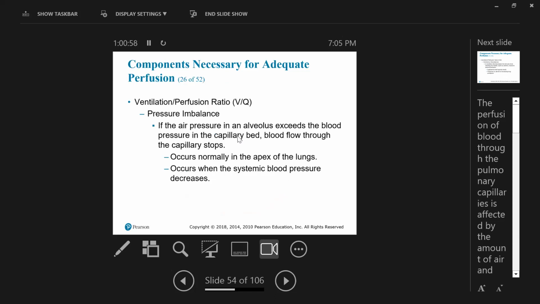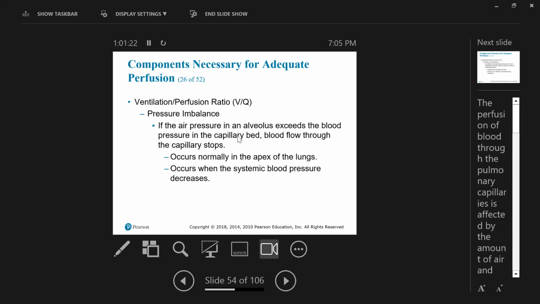Pressure imbalance: if the air pressure in an alveolus exceeds the blood pressure in the capillary bed, blood flow through the capillary stops. It occurs normally in the apex of the lungs. What is the apex of the lungs? If you want to remember what apex is, it's the pointy level of the lungs. So where's the pointy level, at the bottom or the very top?